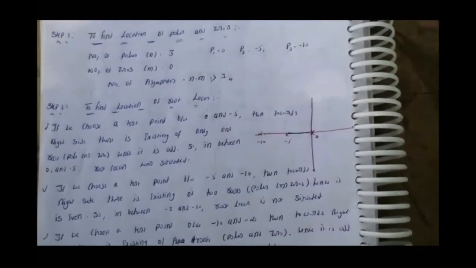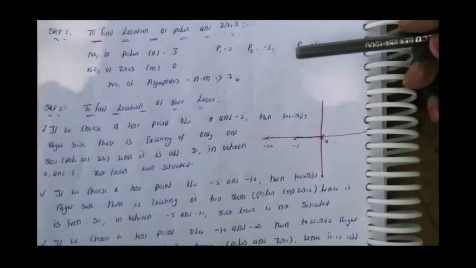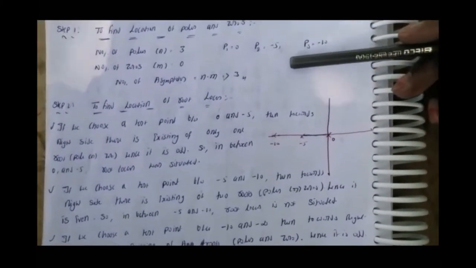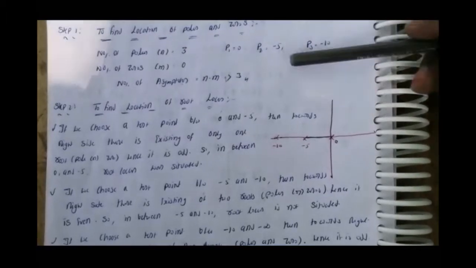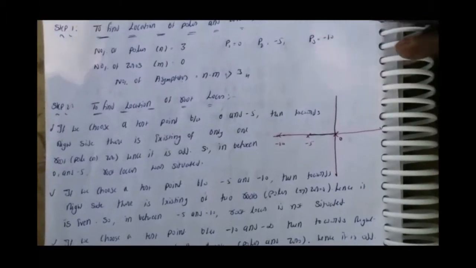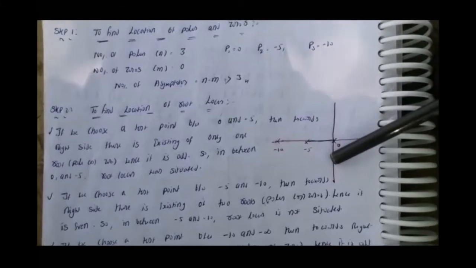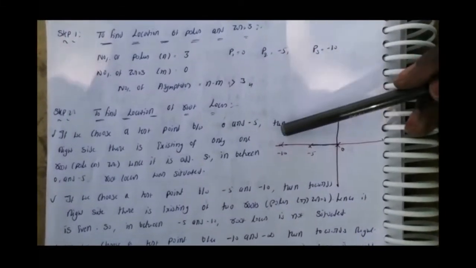Let's move to the second step, to find the location of the root locus. Looking at the poles, they are 0, minus 5 and minus 10, so they completely belong to the left half of the graph. Here I represented 0, minus 5, minus 10.